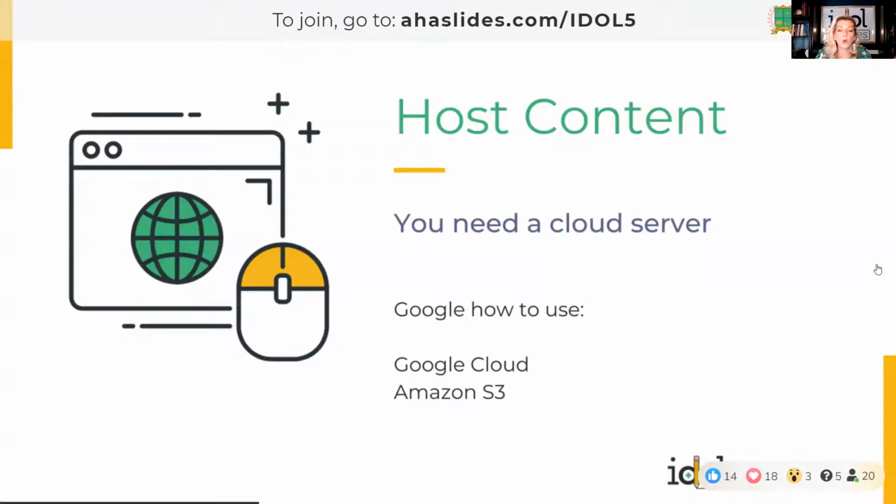And so you just want to Google how to use Google Cloud or Amazon S3 to host Articulate Storyline projects on your website. If you put that into Google, you'll find some step-by-step guides as far as how to do that, but you might not even be at that step yet. I just wanted to point it out for when you do get to that step, you are going to need a cloud server, and you can get one for free.